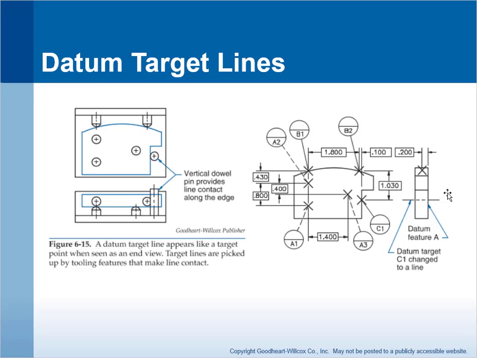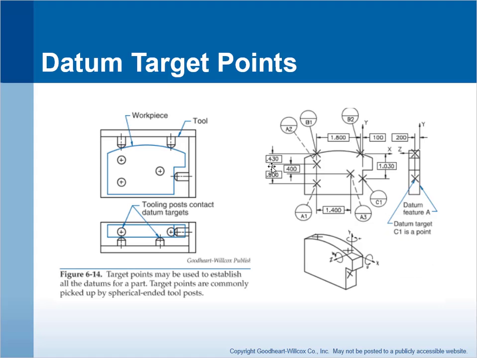The only change we made to our fixture or our simulator is that we replaced the pin with this pin in a different orientation to contact the part in a line contact. So that is the difference between a line and a point for datum C.